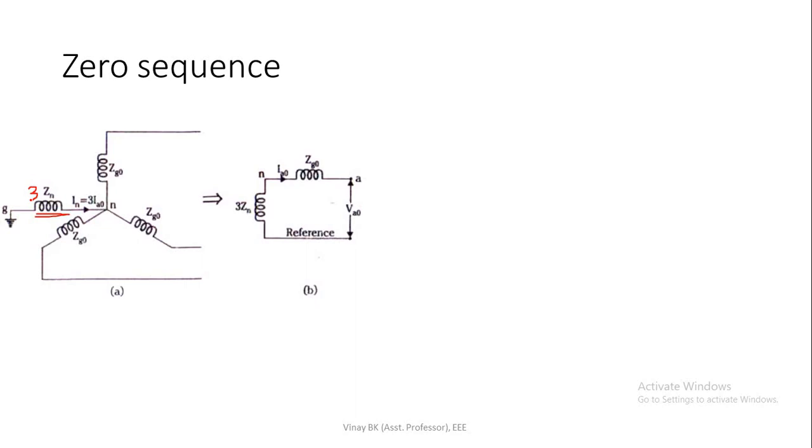Also here Zg0 is the per phase zero sequence impedance of the machine, equivalent to the leakage reactance of the machine.